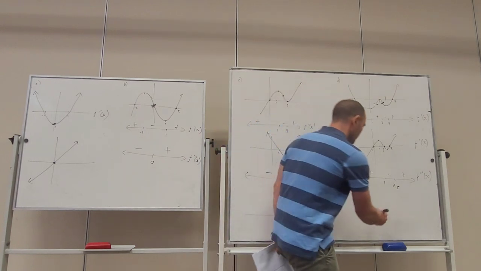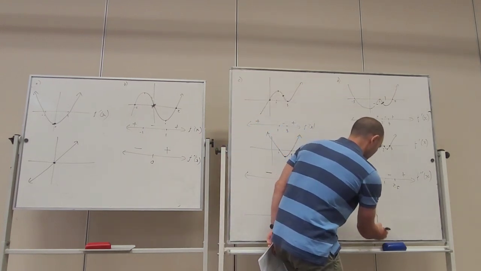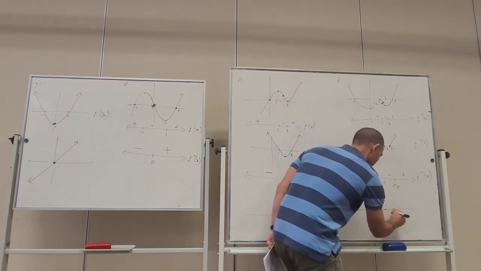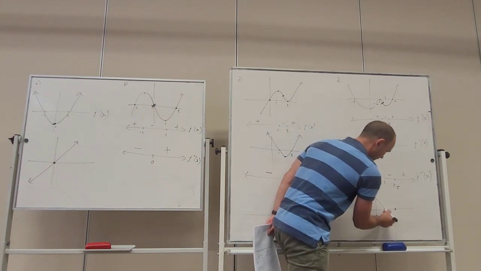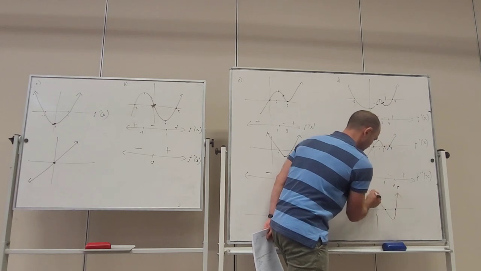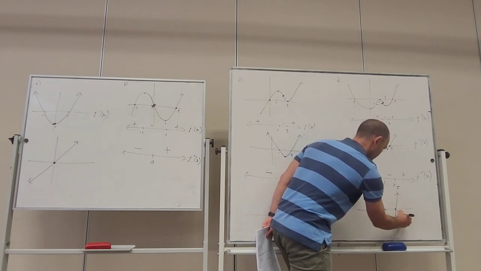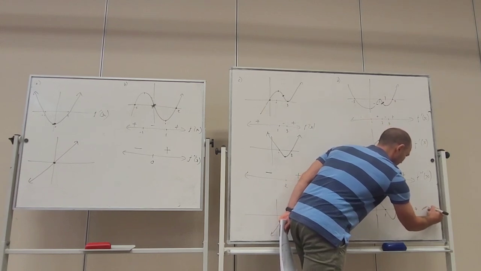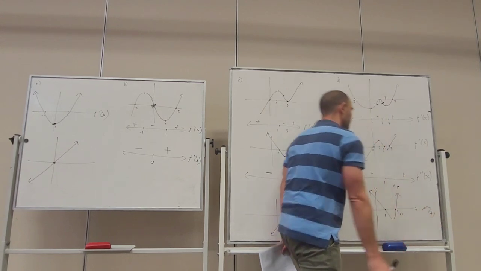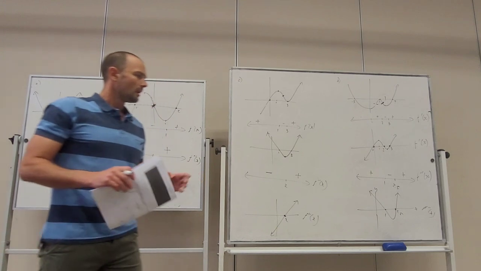Okay, so let's graph the graph of the second derivative. So we have roots at 1 and 2.5, above, below, above. 1 and 2.5, second derivative, f dash dash of x. All right.